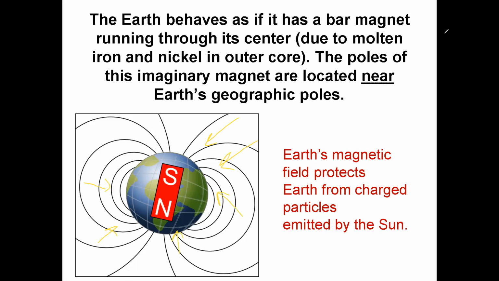If the particles come to the Earth from the sun, they can enter the Earth, which makes a problem. But since the Earth is surrounded by a magnetic field, this magnetic field protects us from these particles. So it makes a shield. This shield protects the Earth from the particles that come from the sun.